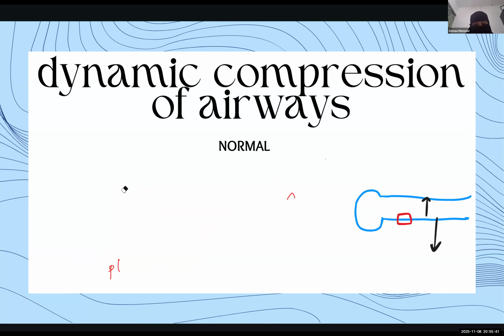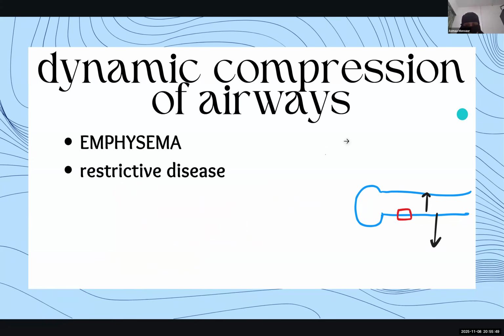Now, coming to restrictive diseases. In restrictive disease, we said that there's a problem in the lung recoil or the lung compliance. The lung is not compliant and the lung just wants to collapse and become a big mush. So the lung is not able to expand.